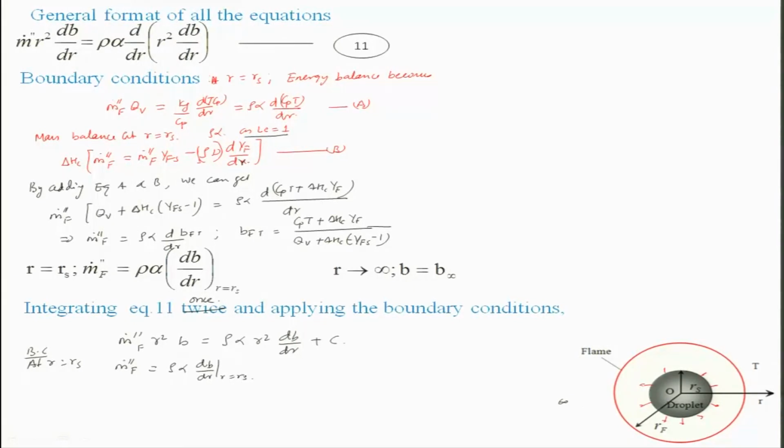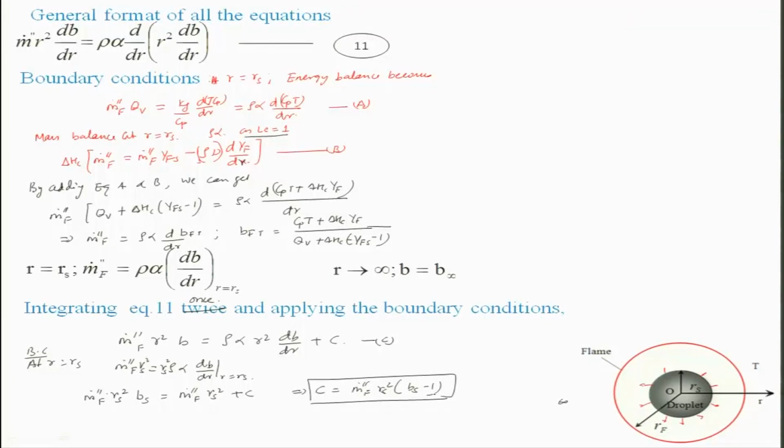So, with Rs square on both sides, from this equation I can say this is C, and putting this boundary condition into the equation, I get m dot f Rs square Bs is equal to m dot f Rs square plus C. So, therefore, C becomes m dot f Rs square times Bs minus 1, right. This is my C.